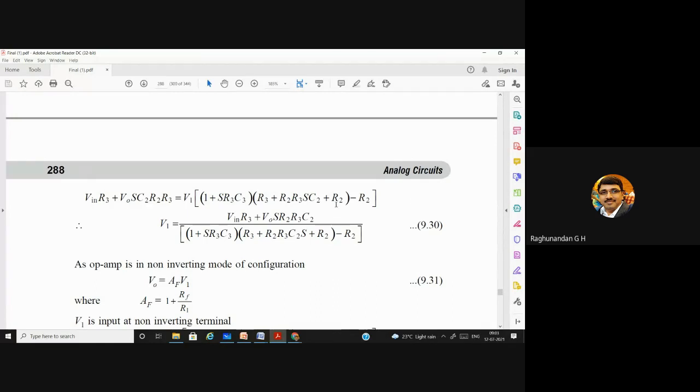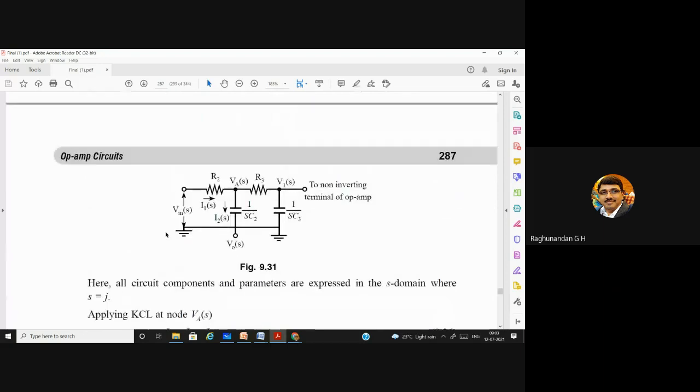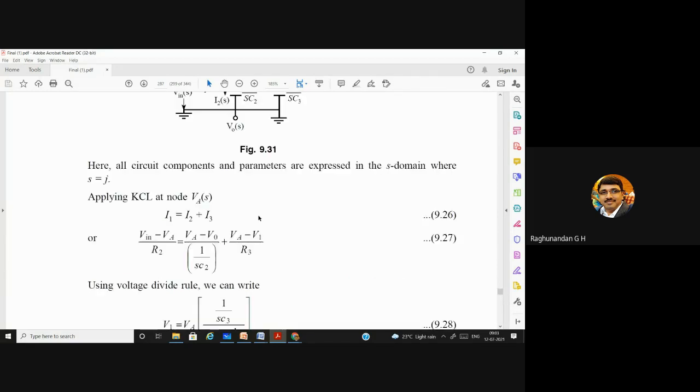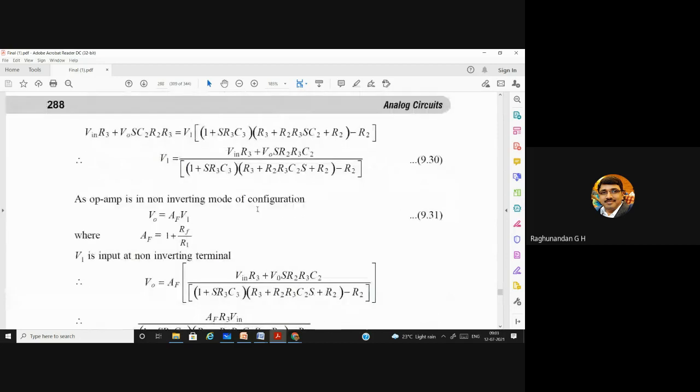We will find V1, because the op amp is in non-inverting mode, and this is the effective voltage. So V1 is there.